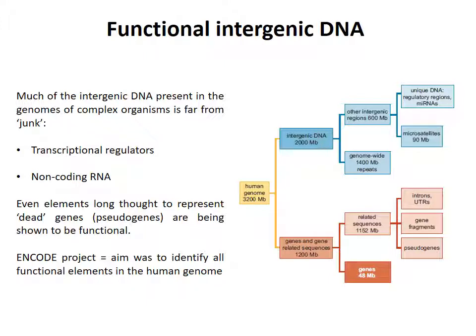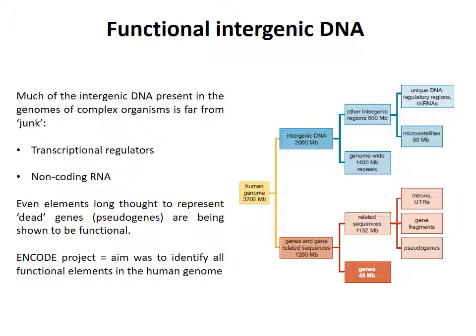So we've arrived at this realization that much of this intergenic DNA is far from junk. As I've just explained, it's comprised of lots of different elements, but you can arrange them functionally into two broad types: transcriptional regulators and non-coding RNA.